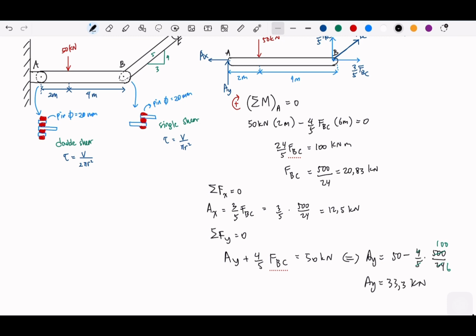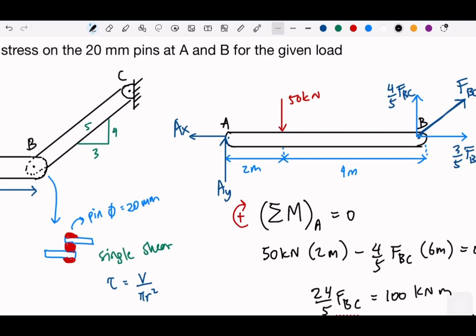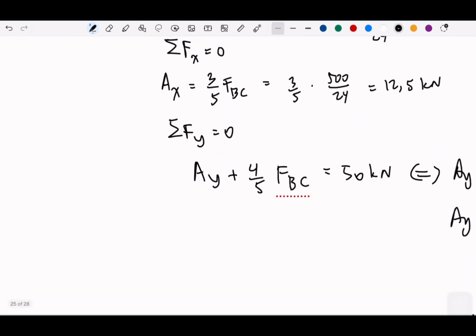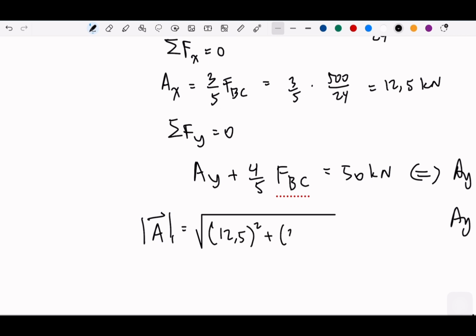So we have AY and AX, and now we need to calculate the forces on A. Since we have the AX and AY, remember that they are vectors, so we can take the magnitude of A. So the magnitude of A is equal to the square root of 12.5 squared plus 3.34 squared.